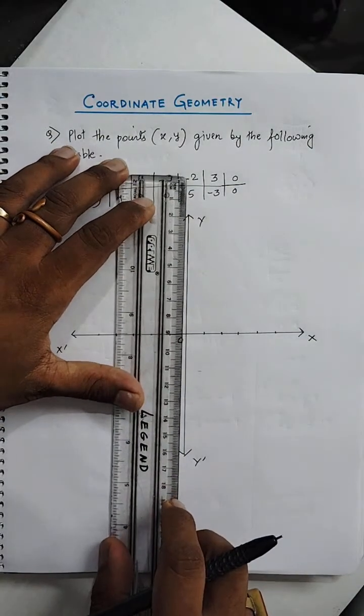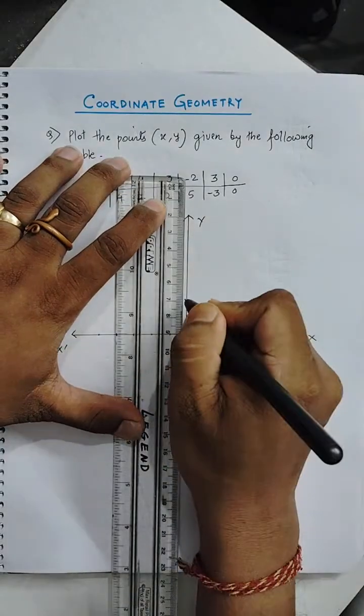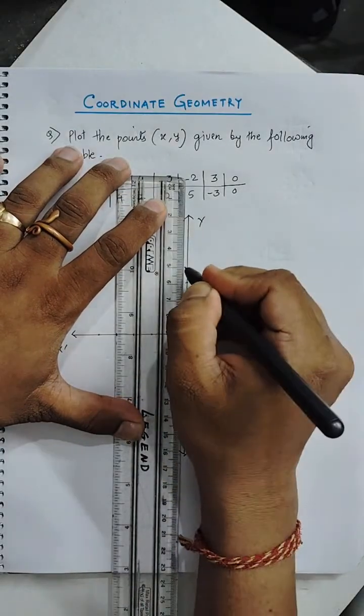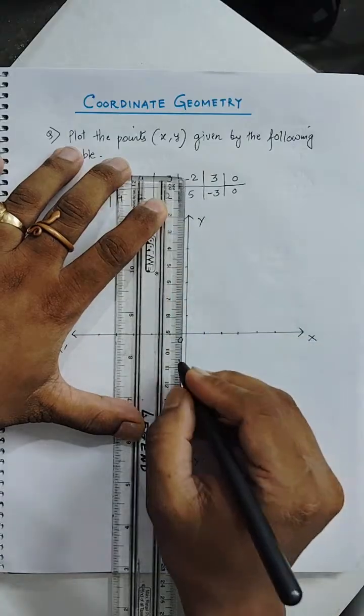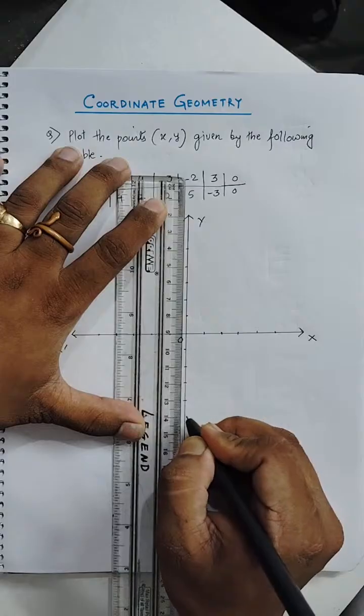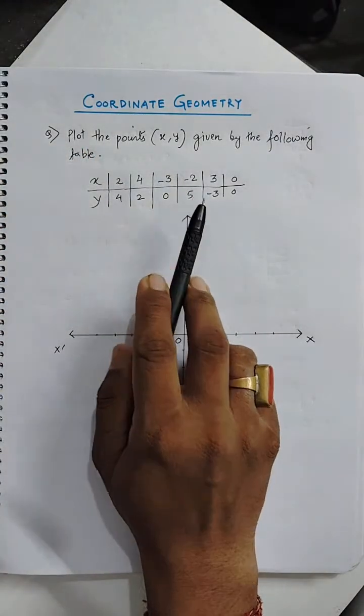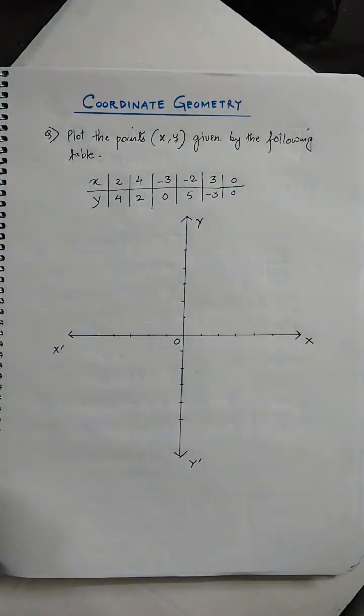So we need to be very careful while marking the points, especially when we are drawing on a plain paper. So I am just taking 5 points because the highest value is 5. Okay, you may take according to your convenience. So let us mark the points now.